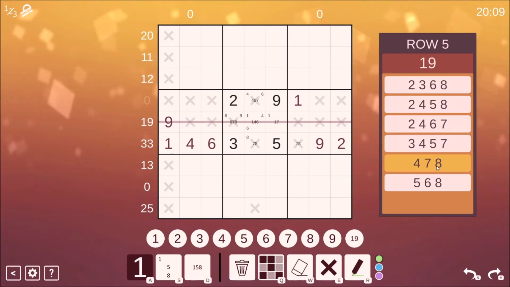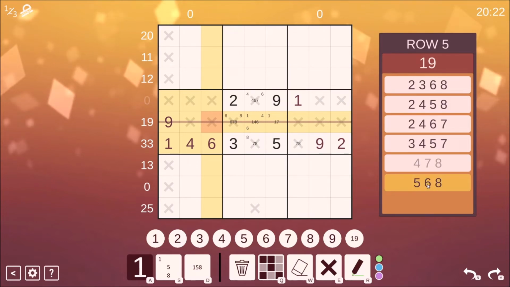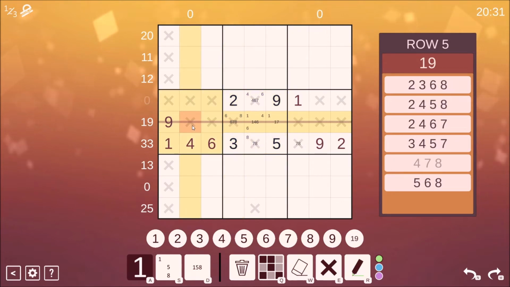So now we can rule out this 4, 7, 8 combo because we cannot place a 4 right here anymore. And let's see about this. We have an 8, 6, 5. We can no longer have that one either.